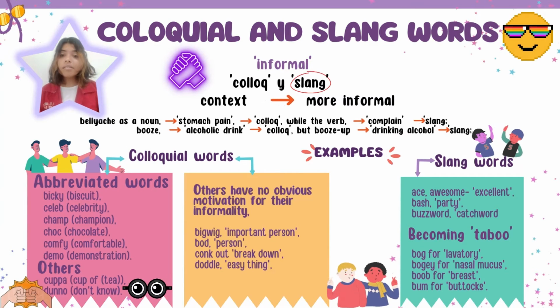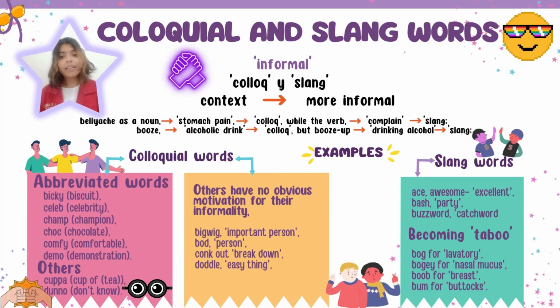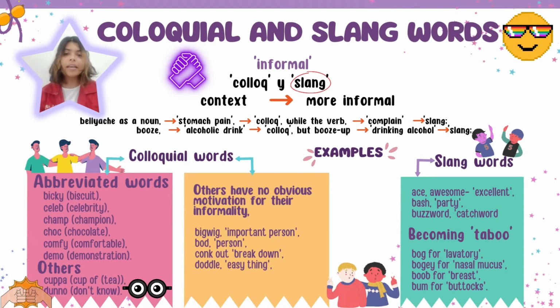Now, the words that are marked as slang are in part everyday idioms that have perhaps not yet reached wide enough acceptance to be labeled colloquial. For example, the words ace and awesome, both meaning excellent.